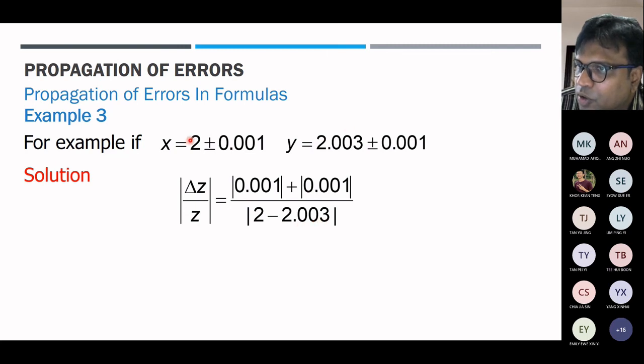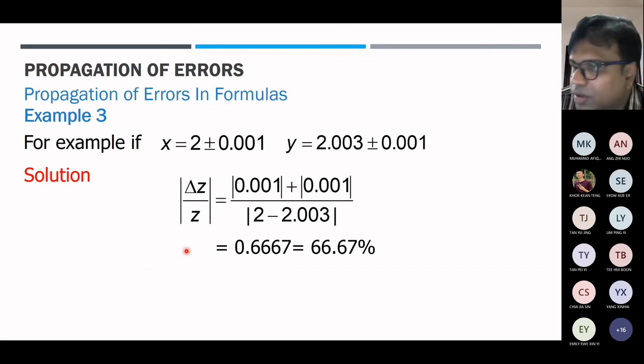Based on the given values, you can see how much the percentage of the error is. When you solve this, you get 0.6667, to 4 significant places, and if you convert into a percentage, it gives you 66.67 percent.